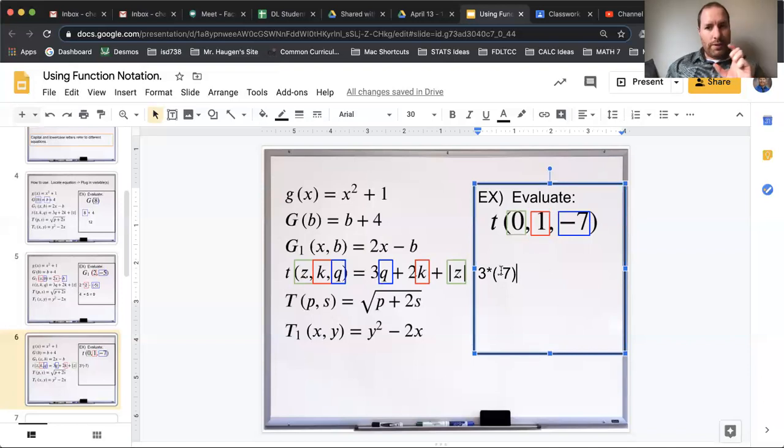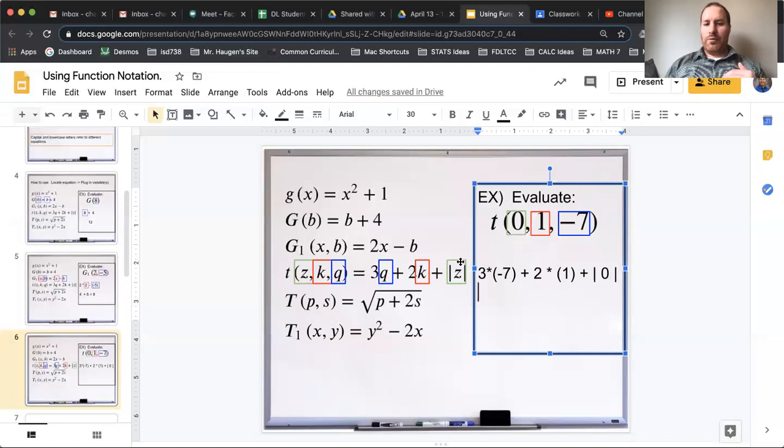They mean a little bit different things where we're using those parentheses. But then we just go on here. So it's a plus 2 times K. So I'm going to put times K. There's K is 1. And then plus the absolute value of Z, which is 0. All right. So then we just work that stuff out.